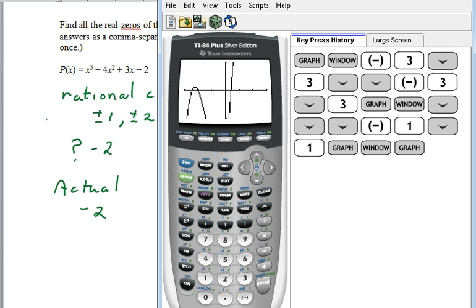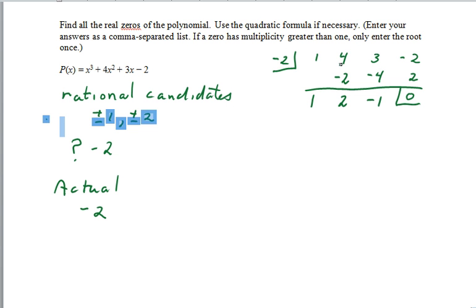So that would say that we should look at the quadratic equation that we have here. -1 is the x to the 0 term, 2 is the coefficient of x to the first, and 1 is the coefficient of x squared. So a is 1, b is 2, c is -1.